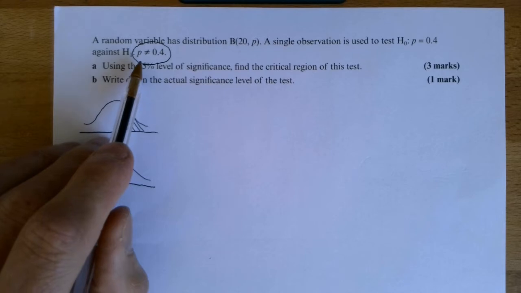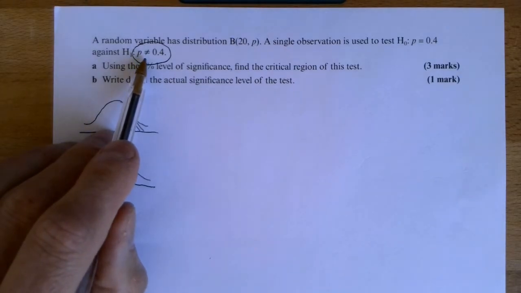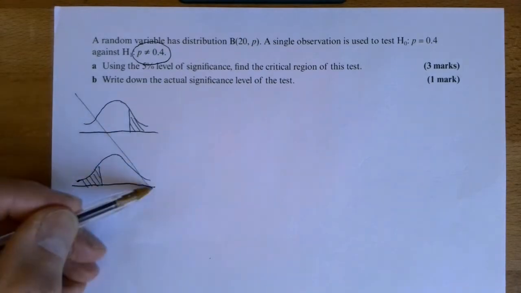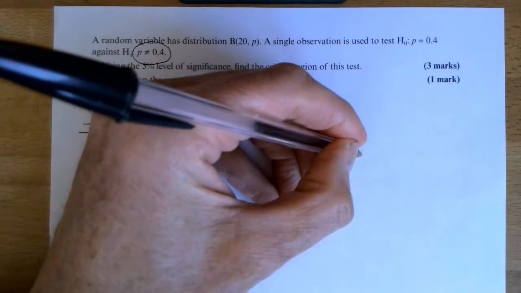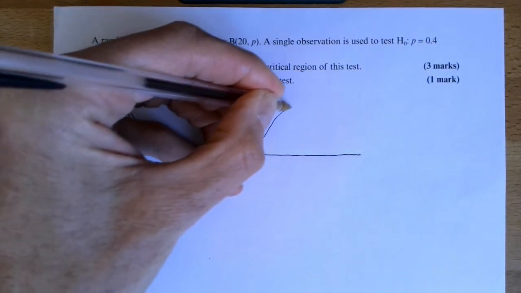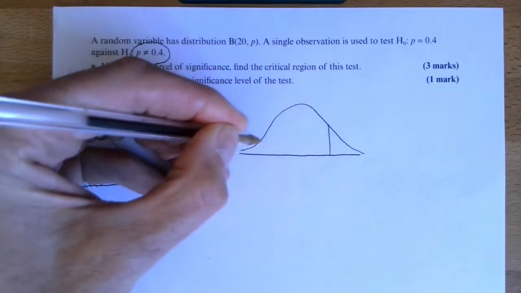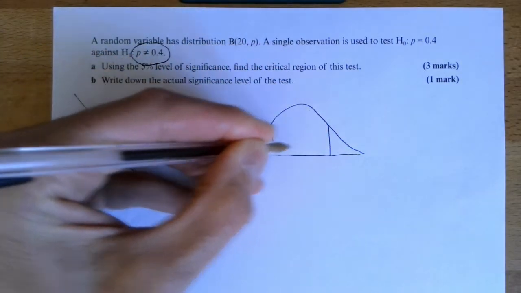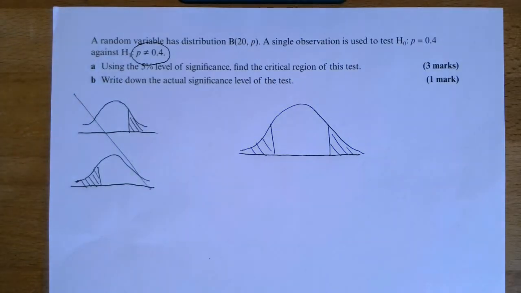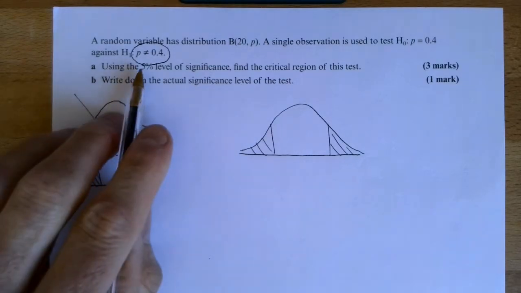Now here we just think the probability is wrong. We don't know if it's bigger, we don't know if it's smaller. So in this question, we're not going to do a one-tailed test. We need to check at both ends. And at the 5% level of significance, what we do is we split that probability in two.